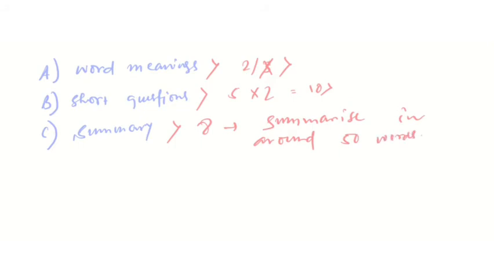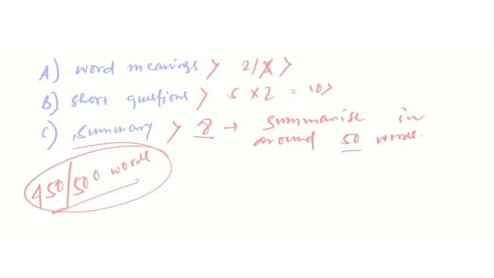Be careful here. It should not cross the limit of 50. It can be less, but it should not be more. It sounds easy, but practically it is very hard to summarize a passage of 450 to 500 words in 50 words. So you have to be extremely careful here.